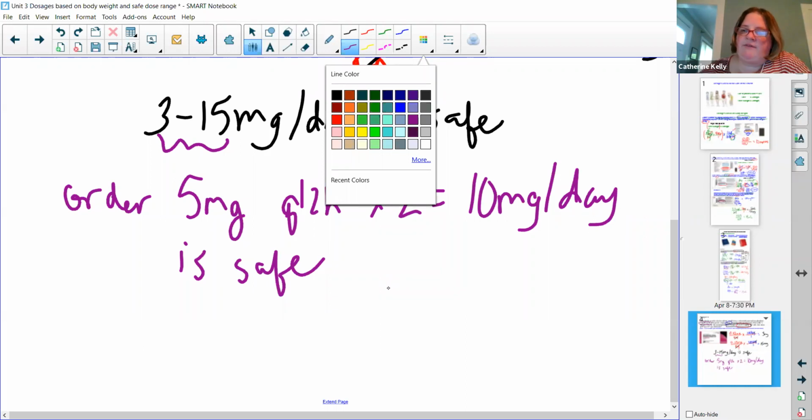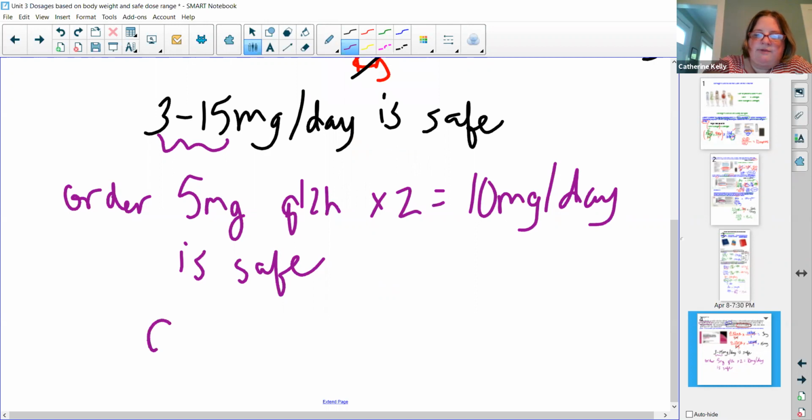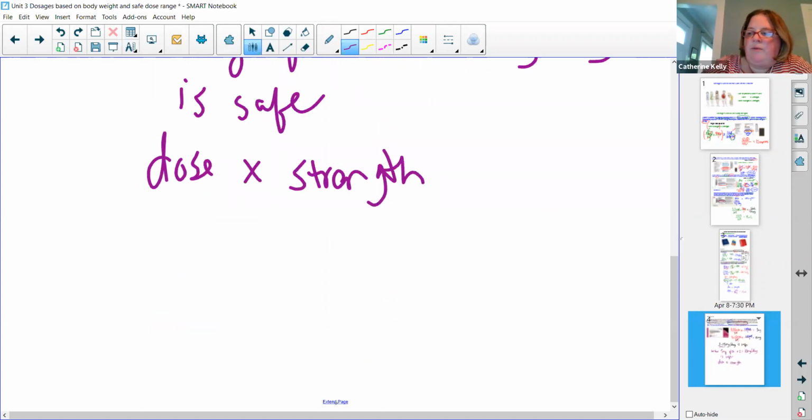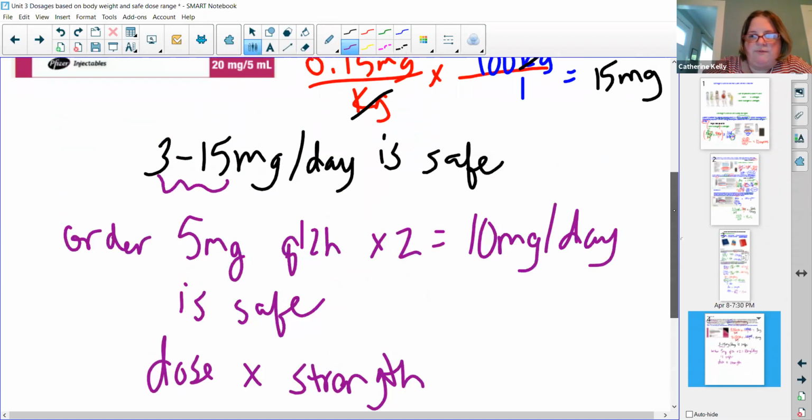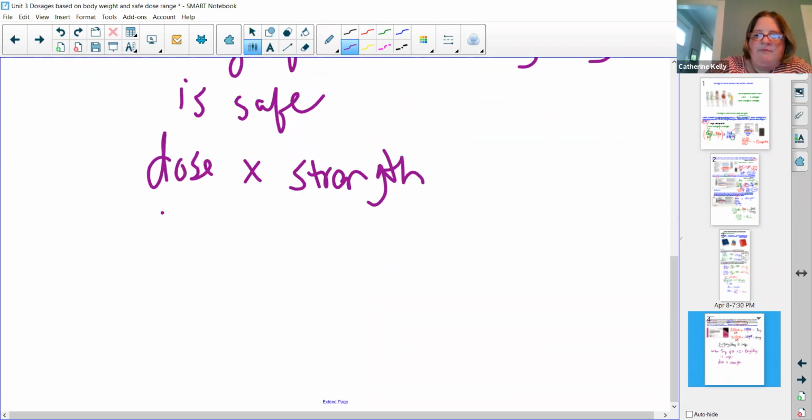So since it is safe, I have to figure out how much I'm going to administer. So I say dose times strength. My dose, I'm not going to go by the daily dose. I'm going to go by what the doctor's administering right now, which is 5 milligrams for 1 dose times the strength.